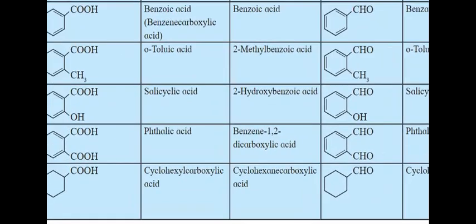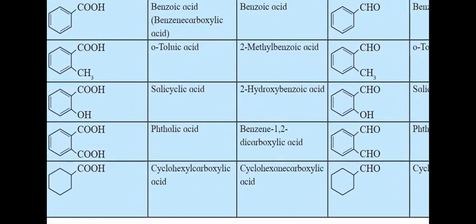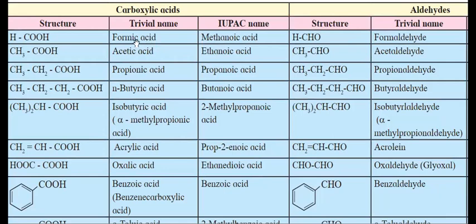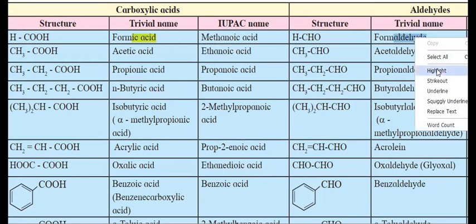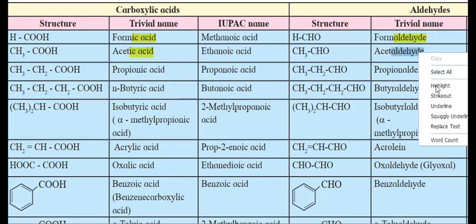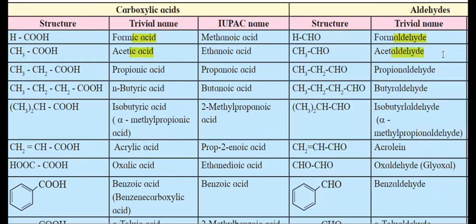Now we will see the difference between aldehydes and carboxylic acids. These are nearly similar. For carboxylic acid, it is an ic acid, and for aldehydes a direct aldehyde group is attached. Acetic acid: instead of ic acid, we only use aldehyde. Means the names of carboxylic acids and aldehydes are related to each other.